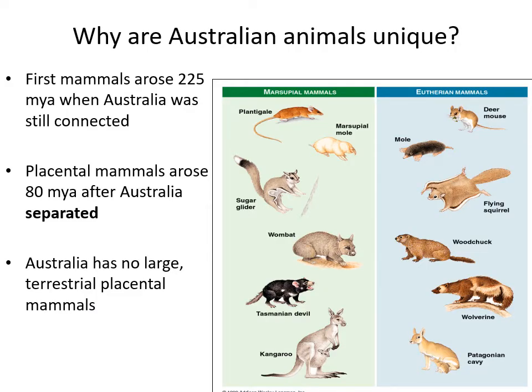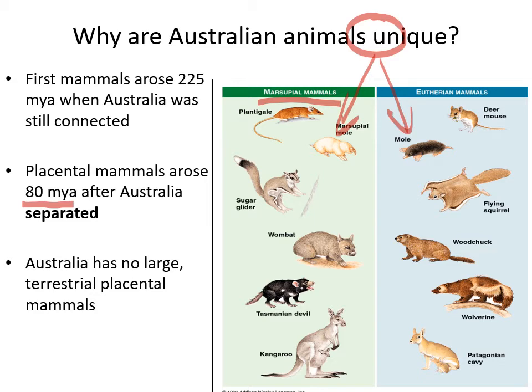Looking particularly at Australia, Australia has lots of these marsupials. If you look at these marsupial mammals, you see these in Australia. And the reason for that can be explained by when Australia separated from the rest of the continents on the Earth. So mammals arose about 80 million years after Australia already separated. So the common ancestor between marsupials and mammals would have been back before 80 million years ago.